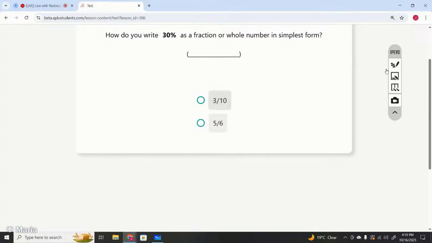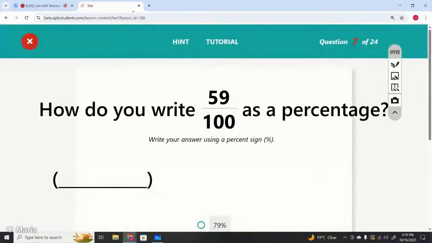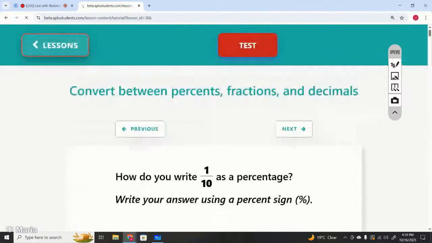That is 3 by 10. Option number 1 is the correct option. Okay, you can complete the lesson by yourself later today. Let me just move on to the next lesson.